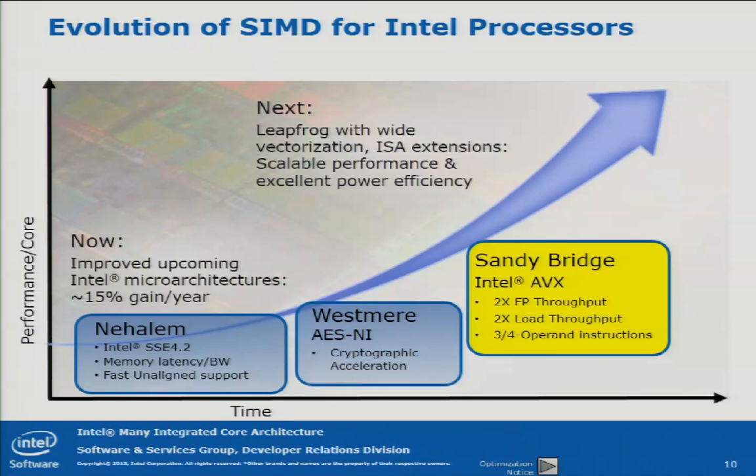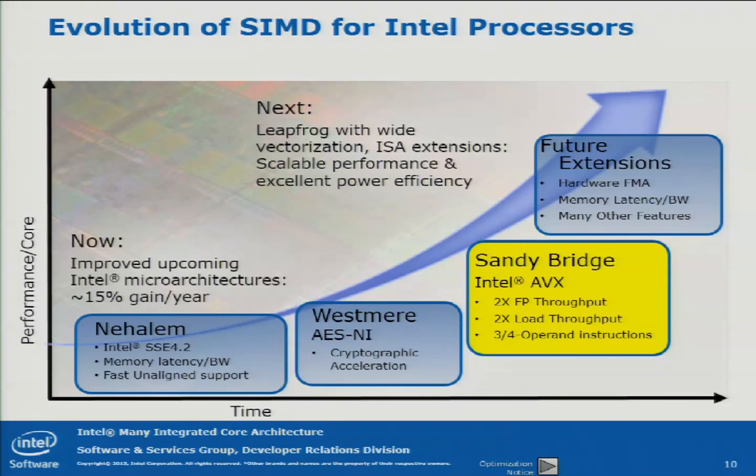Sandy Bridge is the first new processor that actually has a true HPC benefit by doubling the floating point throughput through AVX. And in future, and this is no secret anymore, I can tell you that publicly, we will introduce a fused multiply add instruction. Right, so that will again double the peak performance and would do a floating point multiply and addition at the same time. And this is where Chris in his module said the floating point multiplier port and the floating point addition port will become symmetric again because both will do fused multiply add.